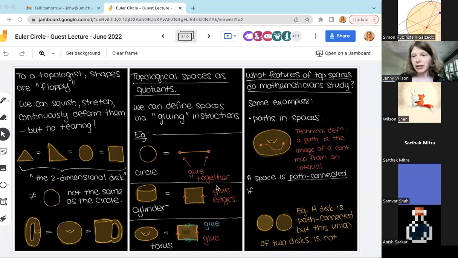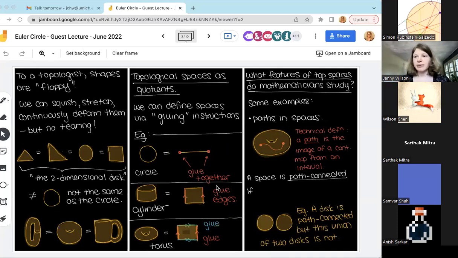It's not homeomorphic to a line segment. It is now a circle. And the takeaway I hope that you get is that this gives us another efficient way to denote a circle. I can write down my circle as this line segment plus some extra gluing instructions.